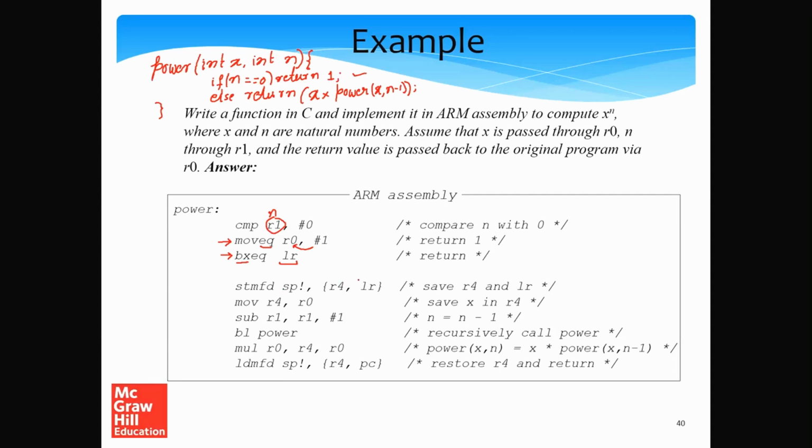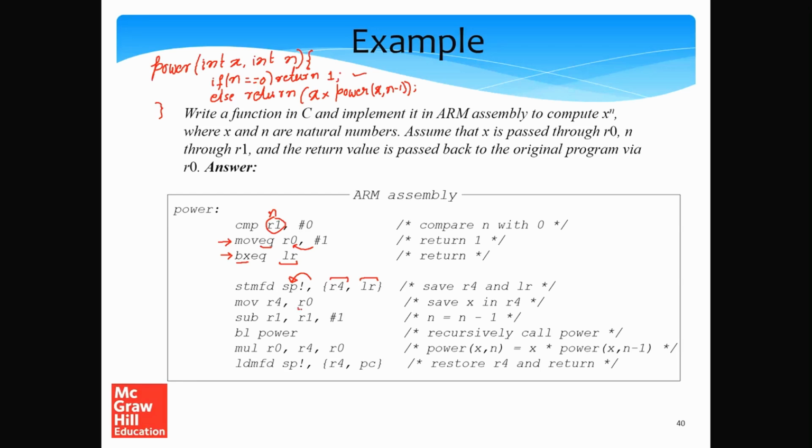Since it's a recursive call, the return address register will definitely get overwritten, so we save it. Along with that, we save a temporary register R4, because this also will get overwritten. So we save R4 and LR on the stack using the stmft instruction.